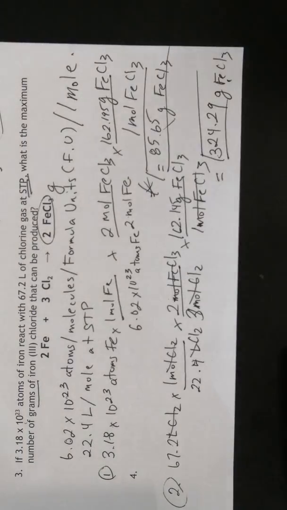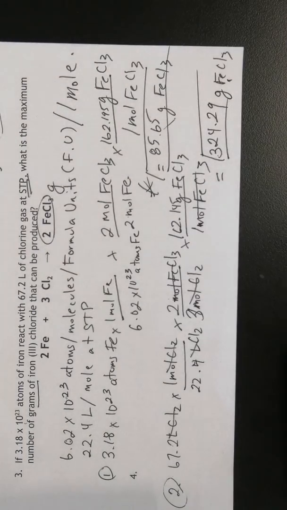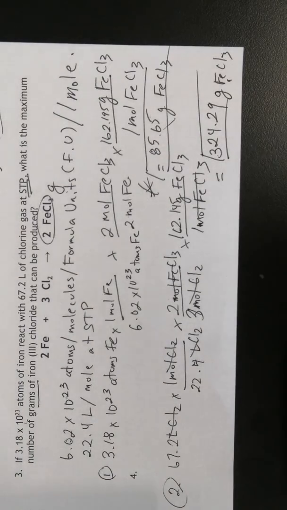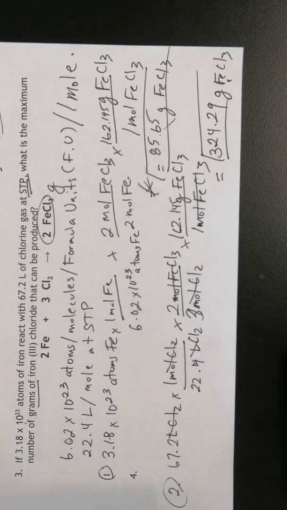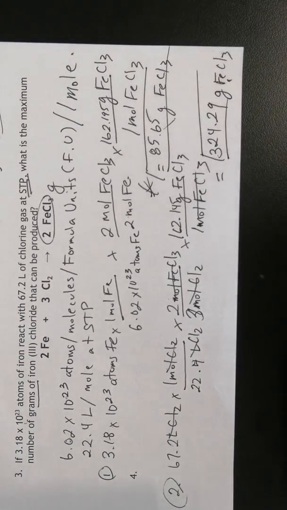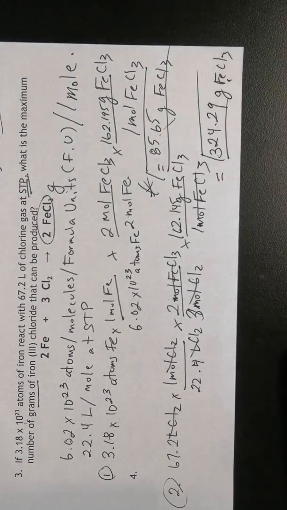Again, this math, we should be able to do it by now. It's just practice, but please use dimensional analysis because it helps you keep track of all the units and make sure that all the units are canceled out. You need to start with a balanced equation. You always need to work with what the question gives you to what you want.